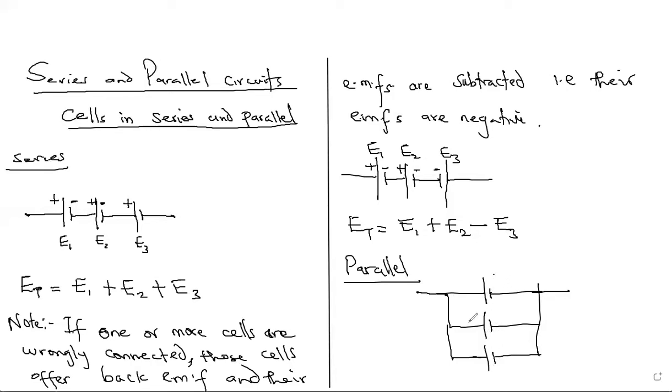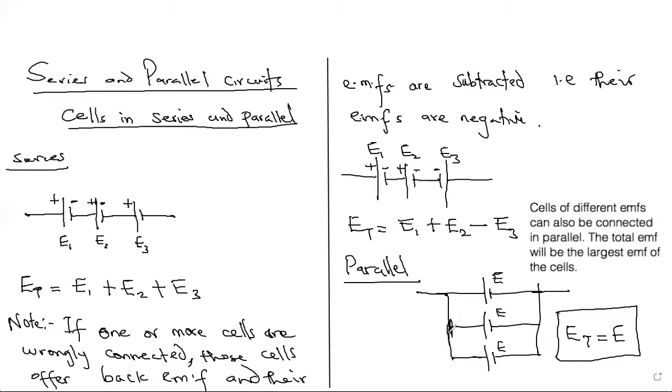It has to be E, E and E because it only applies when they have the same EMFs. So E total will be equal to just the EMF of one of the cells. The voltage is just the EMF of one of the cells. So you don't add them because they're in parallel.